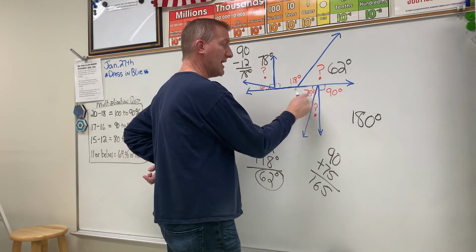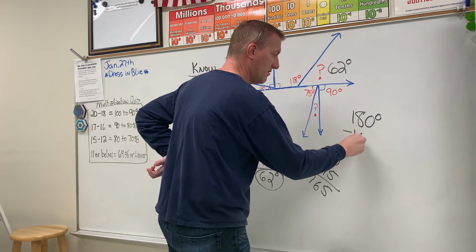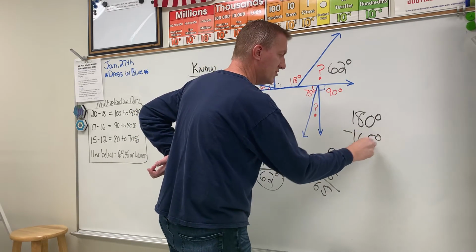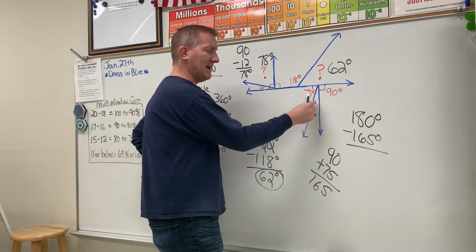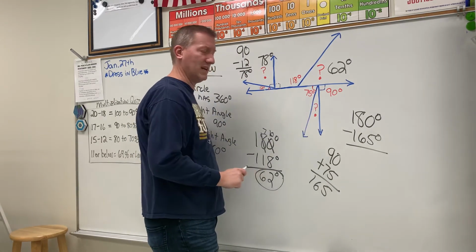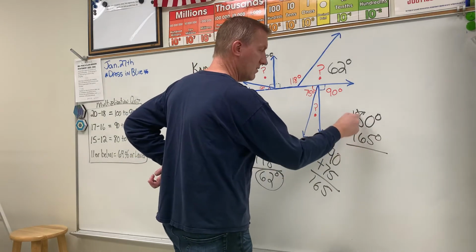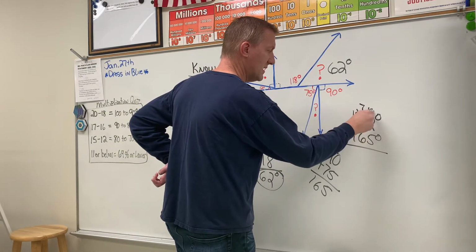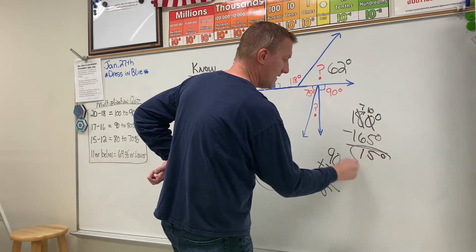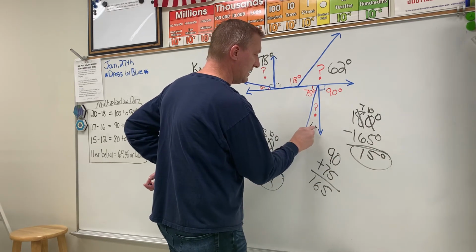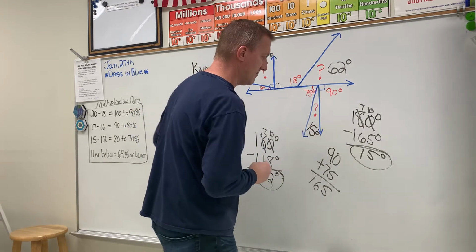If I take those 165 out of the 180, it should leave me what's left, which is this missing angle right here. So I subtract those, and I get 15 degrees for this angle.